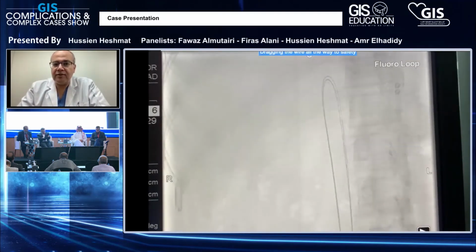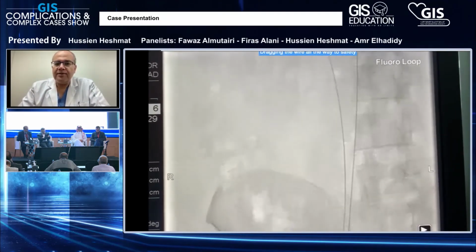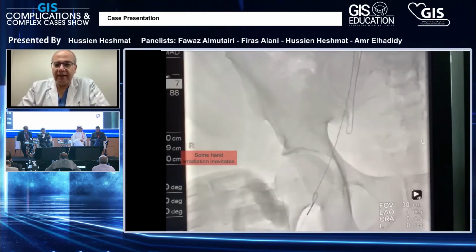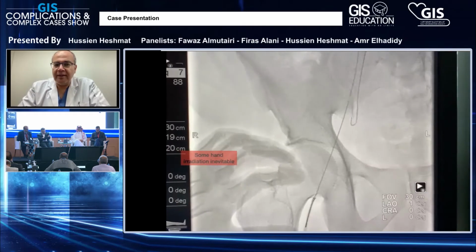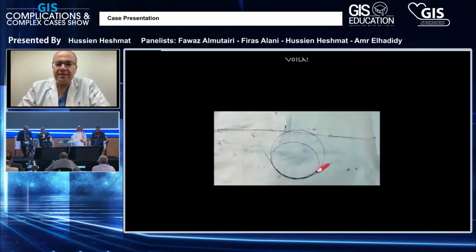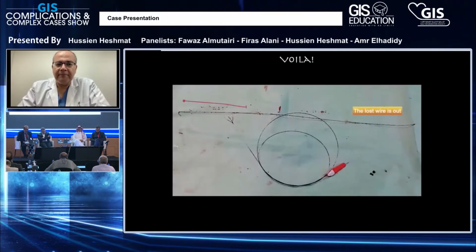Nothing injured the right atrium. The wire was long, and then we were able to get it from the femoral vein. We took the whole system out, and this is how it looked. You can see the lost wire is regained and the Ensnare was there.